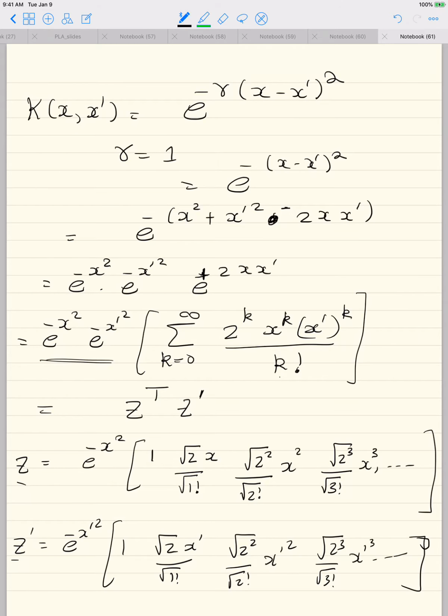Take k to be 2 and you multiply these two, you get 2 squared over 2 factorial x squared times x prime squared, and so on. And then you sum up all the terms. So now what we have is, if you had to directly compute z and z prime, they are both infinite dimensional vectors.